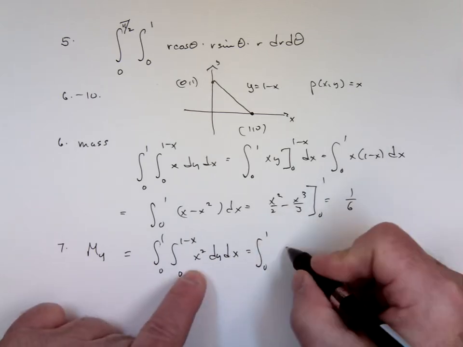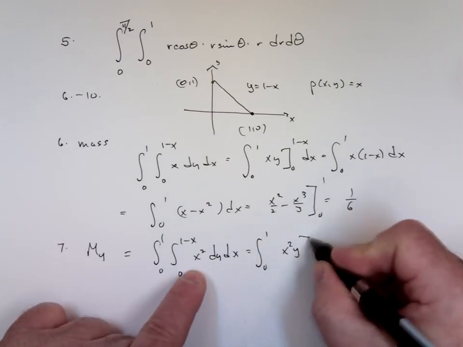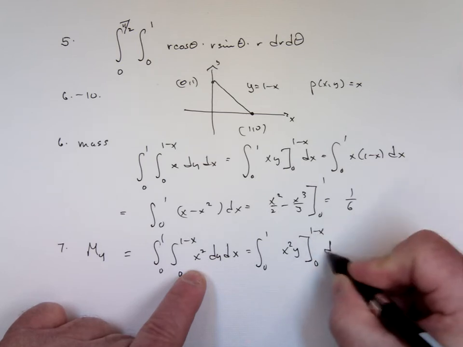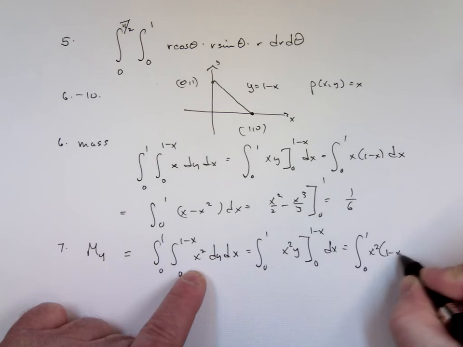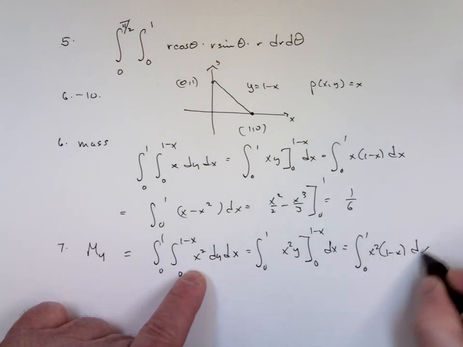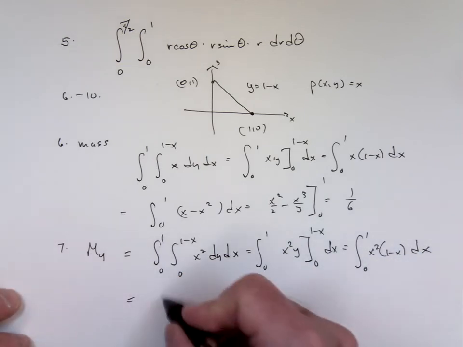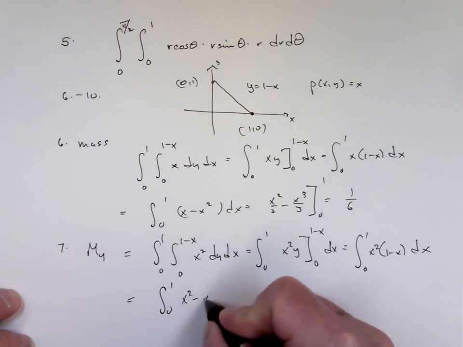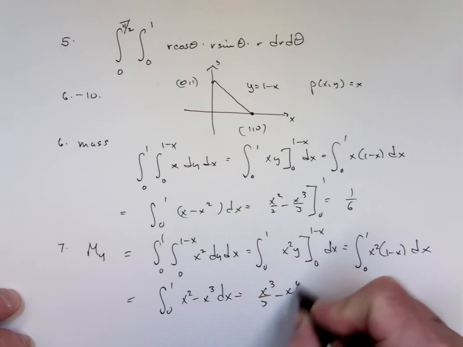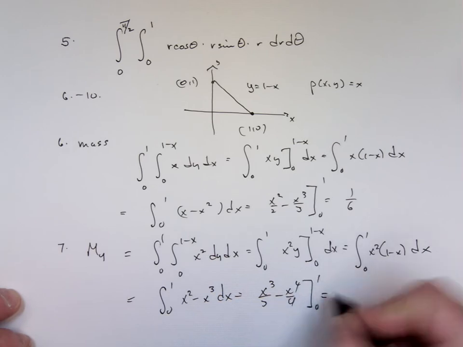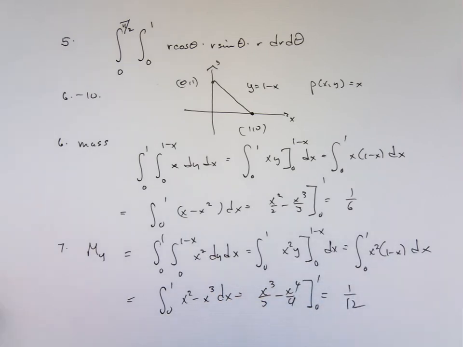Integrate x squared with respect to y to get an x squared y. Substitute it in. 0 gives us a 0. Multiply it out. Integrate it. 1/3 minus 1/4 is 1/12.